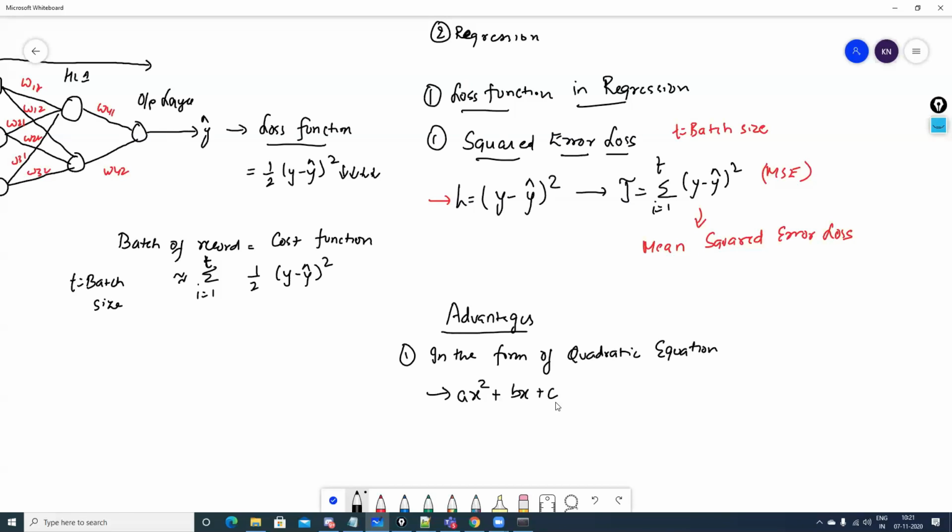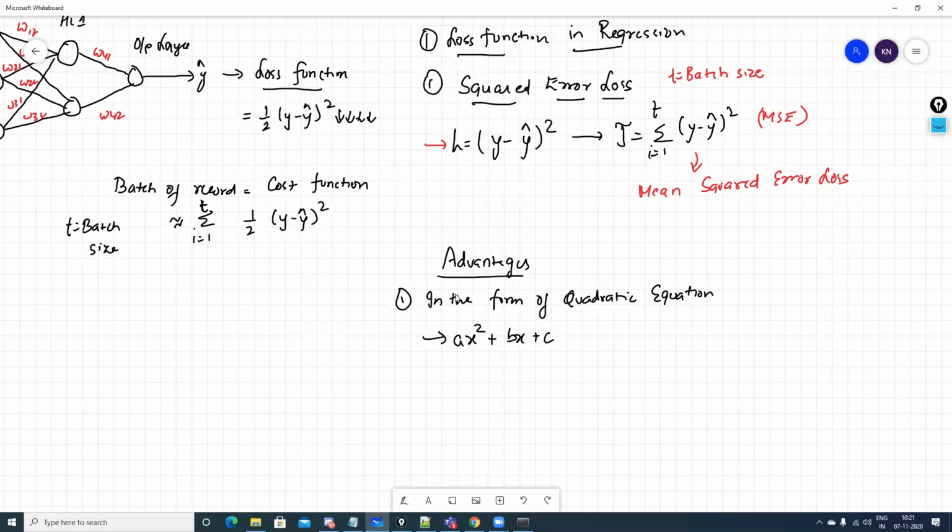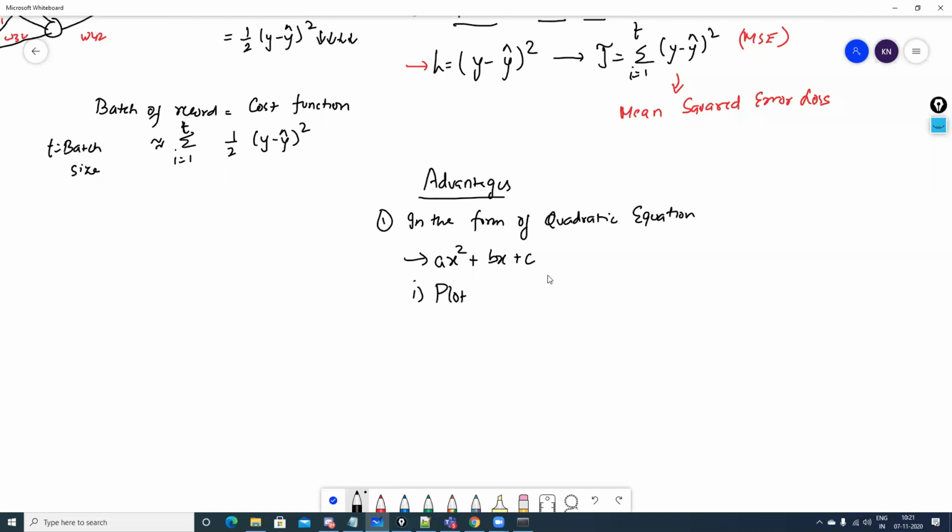Now when we have a quadratic equation, there are some properties with respect to it. First property, I'll make a sub point. The first property of a quadratic equation is that when we plot the quadratic equation, we get a gradient descent with only global minima.